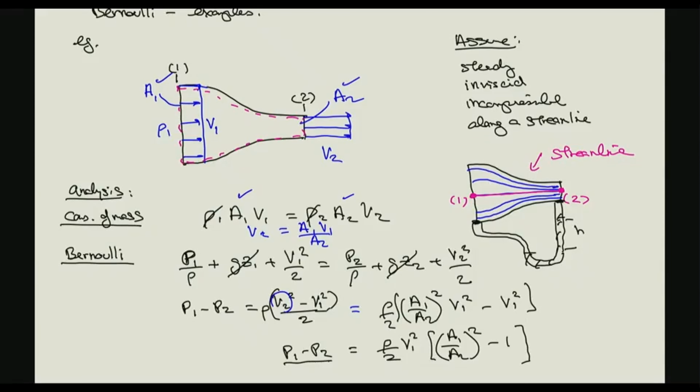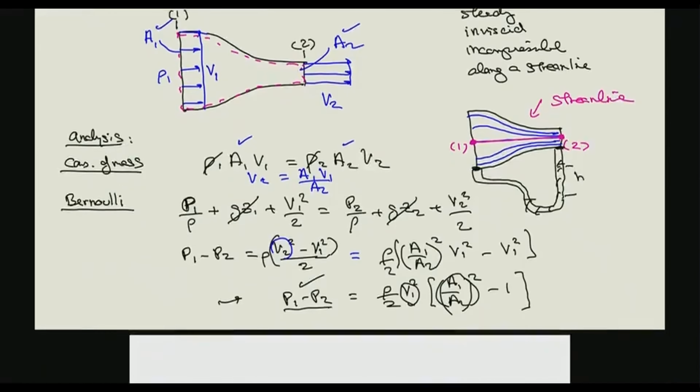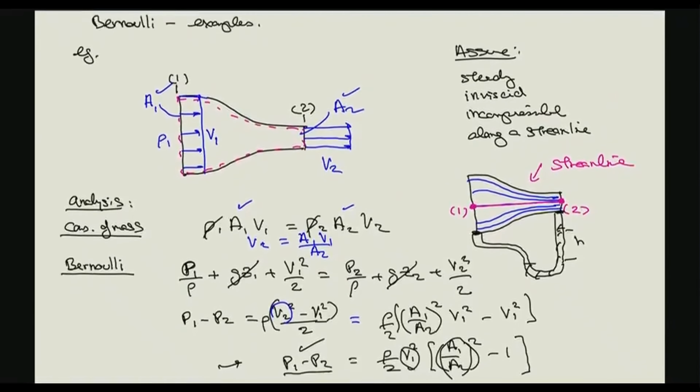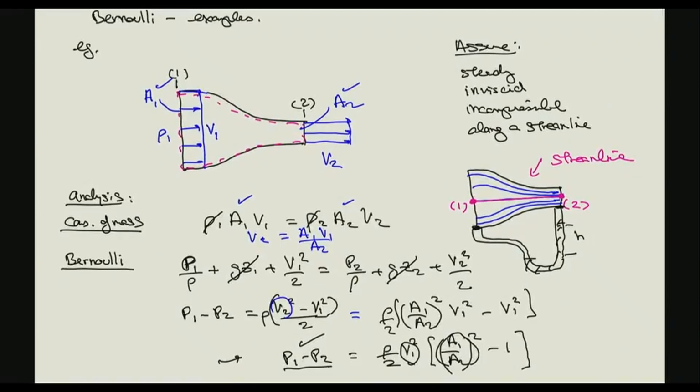From this equation, if this is measured and we know the areas, we could determine the velocity. That is how some flow measurement devices work. You measure the pressure, and it's calibrated, so you can get back the velocity. There may be some correction factor that one would get when you calibrate this. So that's one example.